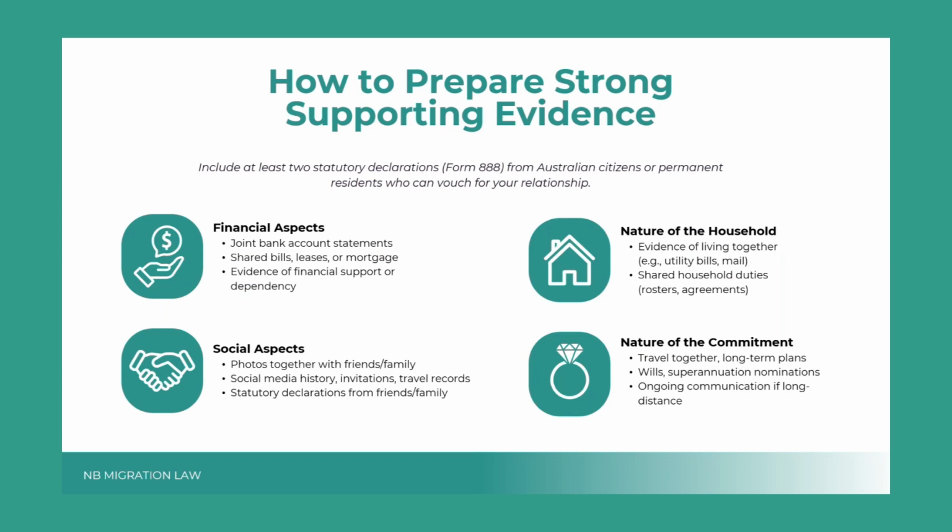All right, so as I have mentioned, these four aspects are really important because you can't just say that we have a genuine relationship and we can't prove the four aspects. So the first one would be the financial aspects, right? When you apply for a partner visa, at least you do need to open a joint bank account. And the other documentation will just be an addition.